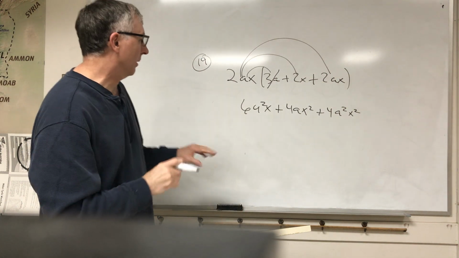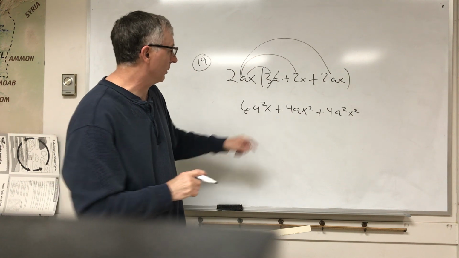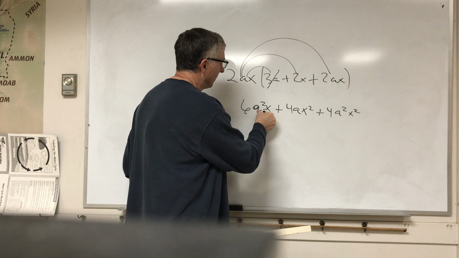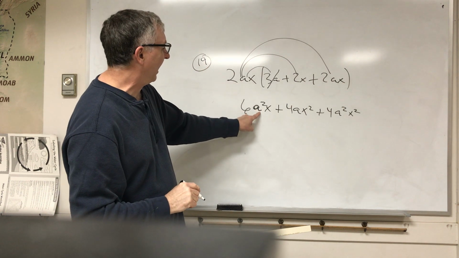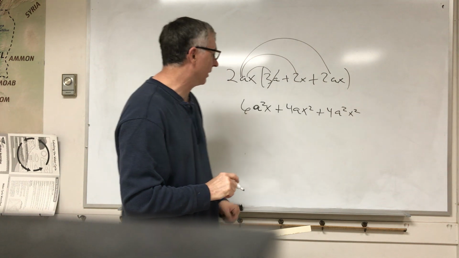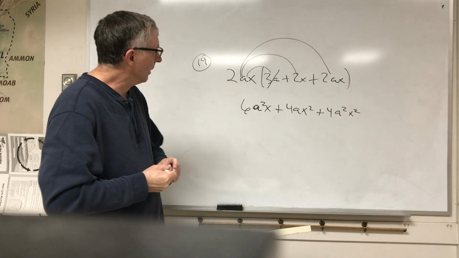I'm done, because none of these terms are like terms. The letters are all different. I have a squared x here, a x squared here, a squared x squared there. This is my answer for number 19.